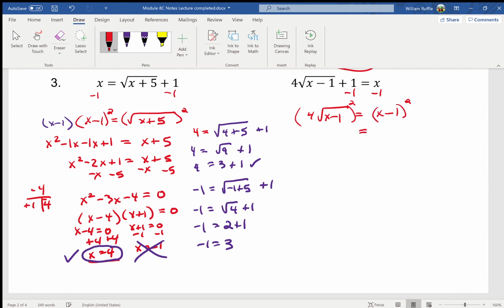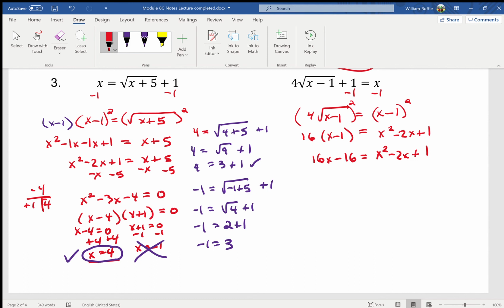Now I just did x minus 1 squared, and I got x squared minus 2x plus 1. When I do this, I do 4 squared is 16, but the square root of x minus 1 is just x minus 1. So when I do this, I have to distribute my 16x minus 16 equals x squared minus 2x plus 1.